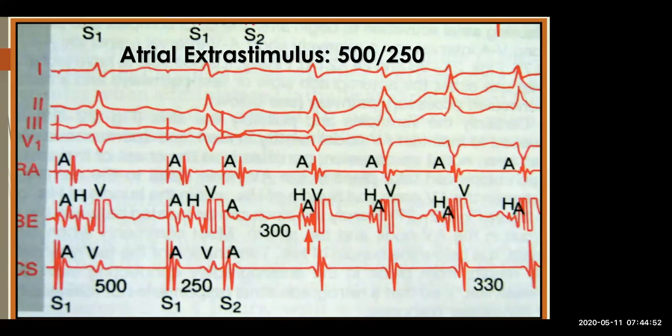And then again, you see an atrial beat. And I see that arrow in between, at the His bundle, where it's H, A, and V, which I think is just like a junctional beat with A in the middle.